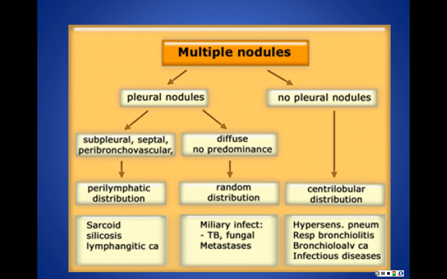No pleural involvement, centrilobular distribution: hypersensitivity pneumonitis, respiratory bronchiolitis, which is another smoking-related interstitial lung disease, and bronchoalveolar cancer. Okay, but two things you should remember about random for your boards are hypersensitivity pneumonitis and respiratory bronchiolitis.